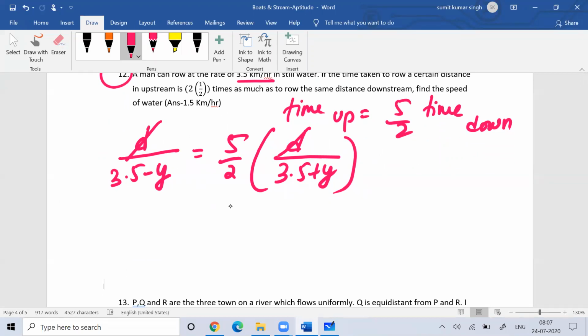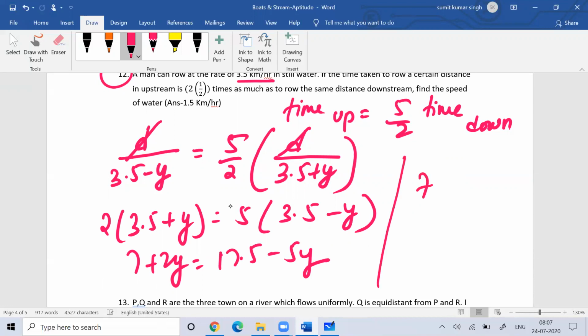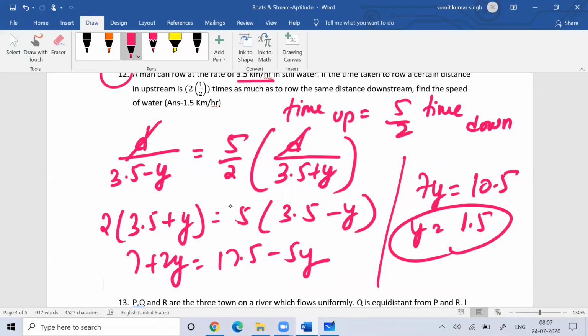So 2 into 3.5 plus y is equal to 5 into 3.5 minus y. So 7 plus 2y is equal to 17.5 minus 5y. So I can say 7y is equal to 10.5. So y is equal to 1.5. Simple calculation.